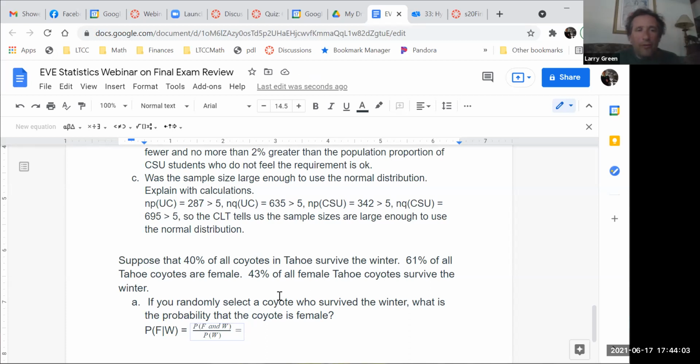Okay, that was just one of the formulas from chapter 3. Then the probability of F and W is the probability of W given F times the probability of F. That was another formula we had. Again, it's been a while. Still divided by the probability of W. Any questions on that formula?